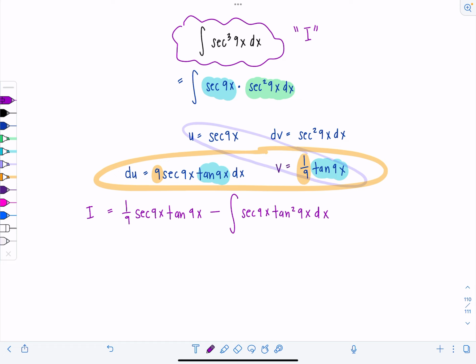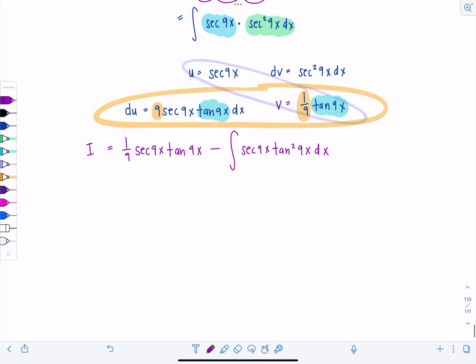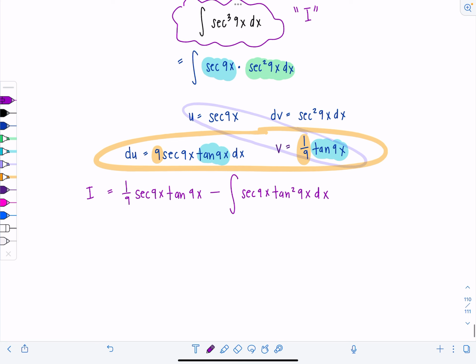Okay, let's see. We've got to keep going. How am I going to get it to boomerang? Well, you're just going to bust out the Pythagorean identity right here. You're going to replace tan squared 9x with secant squared 9x minus 1. And then you have this secant 9x sitting out here, don't you?